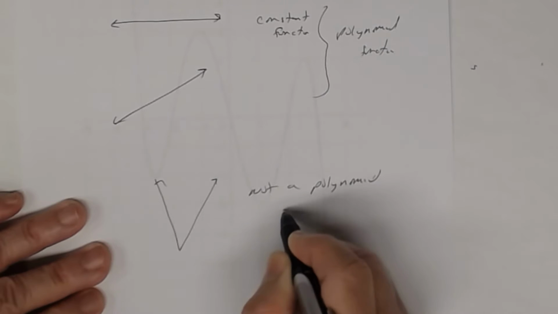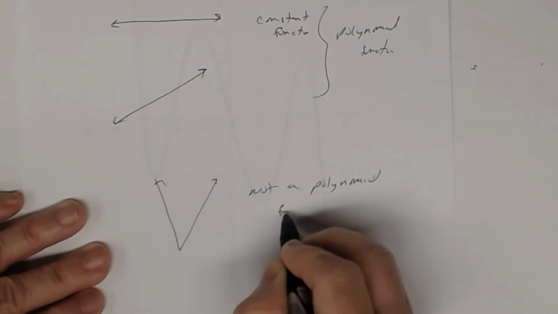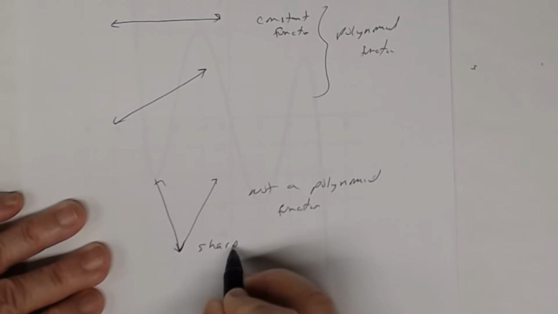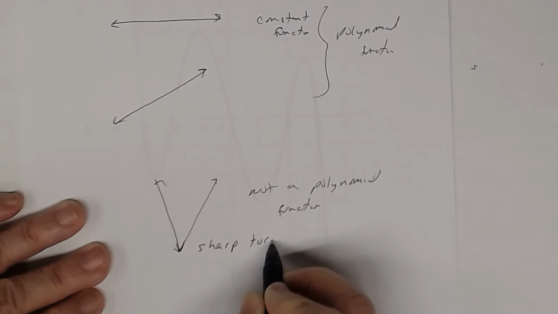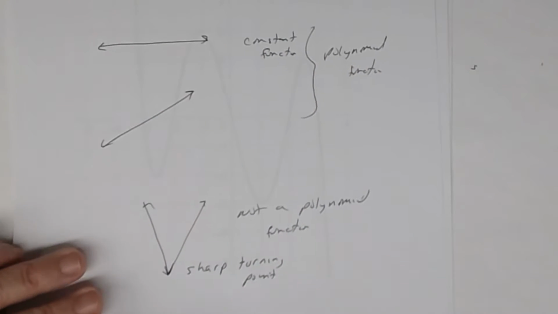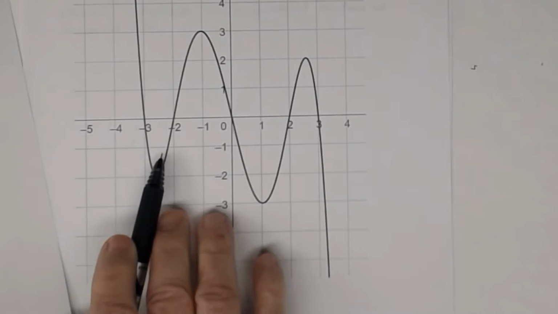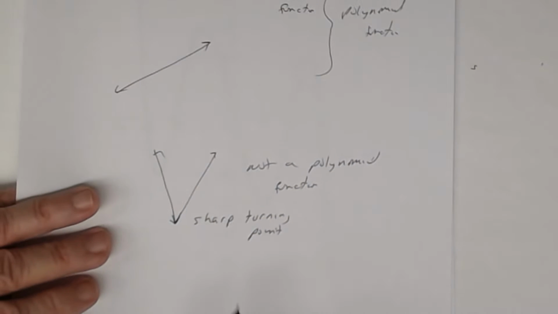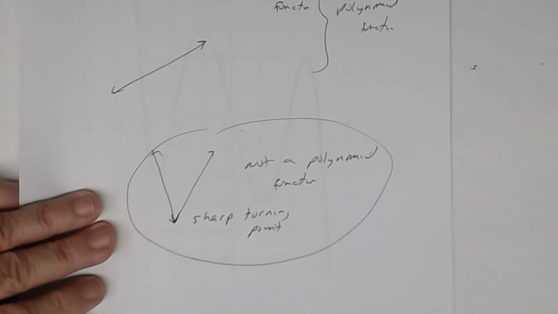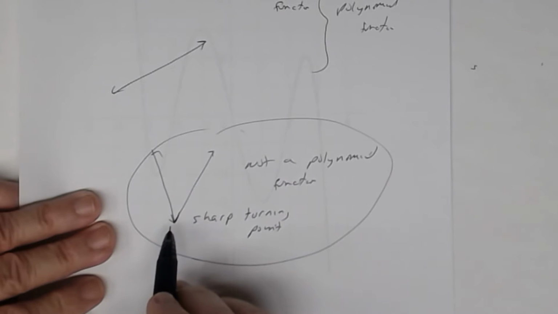The reason is because this turning point is a sharp turning point, and a sharp turning point is not a smooth turning point. A polynomial function has a smooth turning point. It decreases, then all of a sudden, very sharply, it increases. It's not smooth.